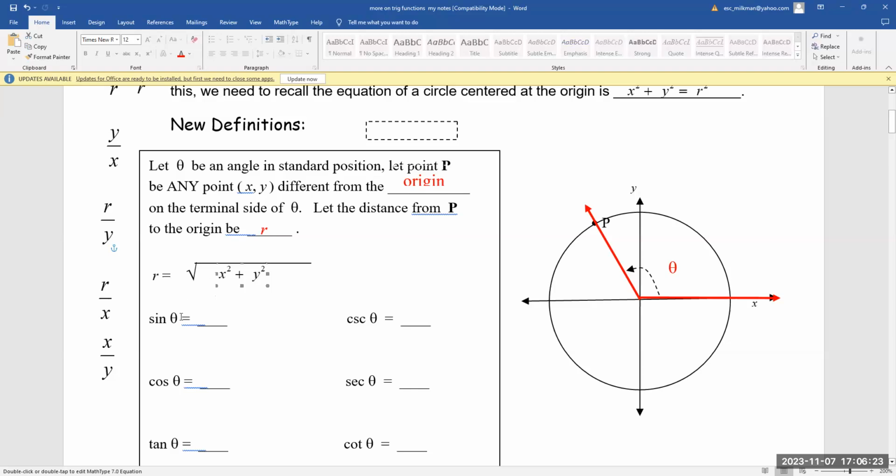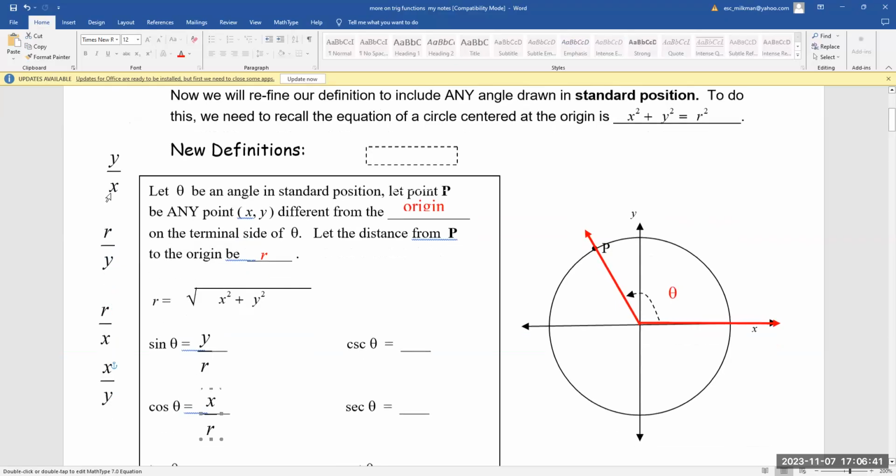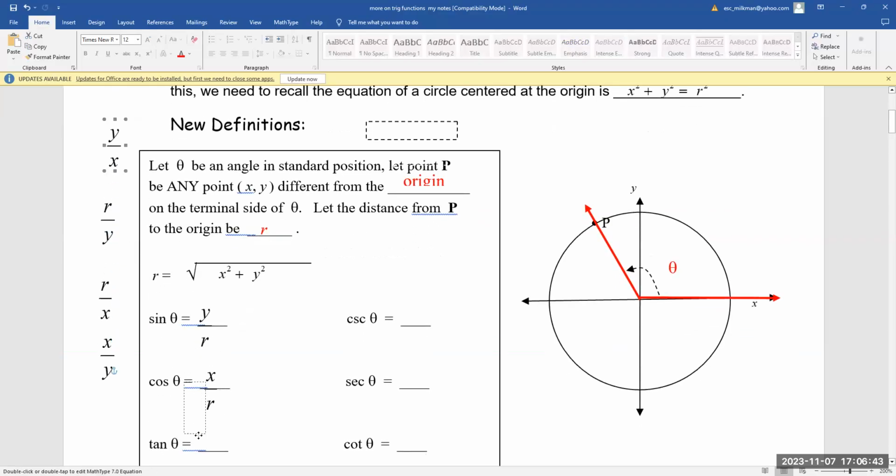The sine of our angle theta is still going to be y over r. It's what it was to begin with. It's still what it is today. Our cosine will still be x over r. And our tangent is going to be y over x.